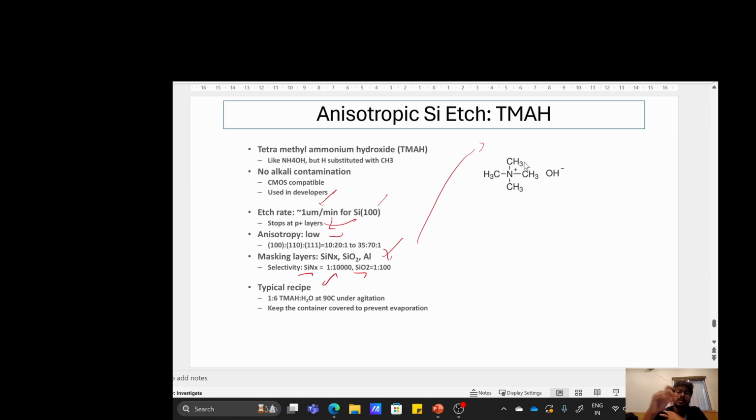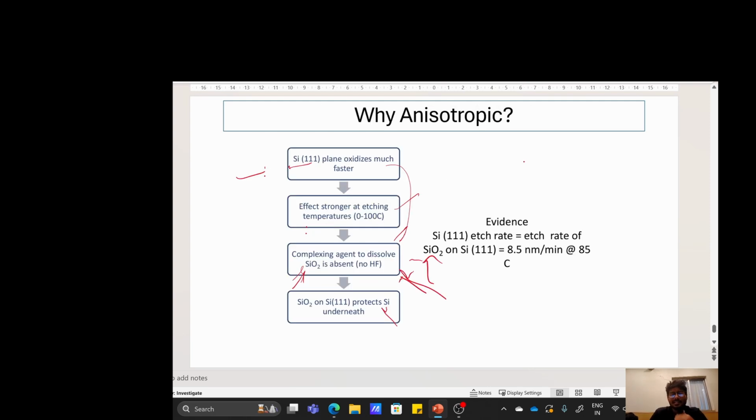This also stops at the highly doped region, and the anisotropy is lower in this case. Selectivity is again very good in this case. Okay, so this is the thing.